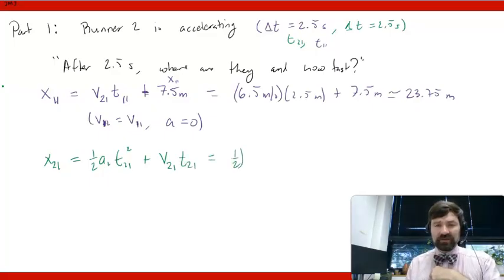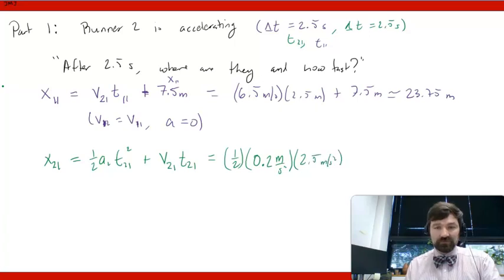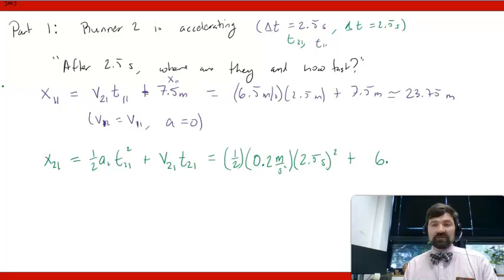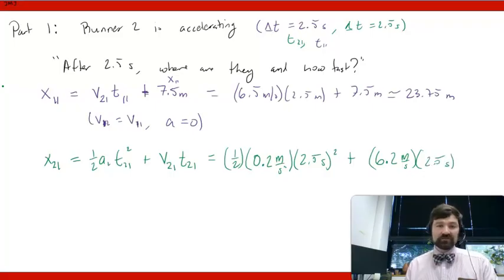That is 1/2 times 0.2 meters per second squared times the time, which is again 2.5 seconds, squared, plus the initial speed, which was 6.2 meters per second, times the time, again 2.5 seconds.